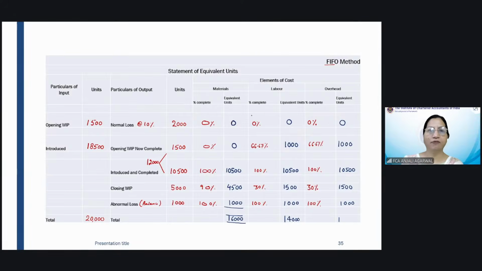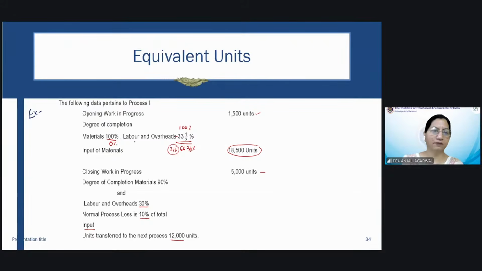One important piece of information that I would like to share here: as you can see, the labor and overheads percentage was the same, 0, 0, 2/3, 2/3, 100, 100, 30, 30, 100, 100. Why? Because in opening WIP also it was the same.